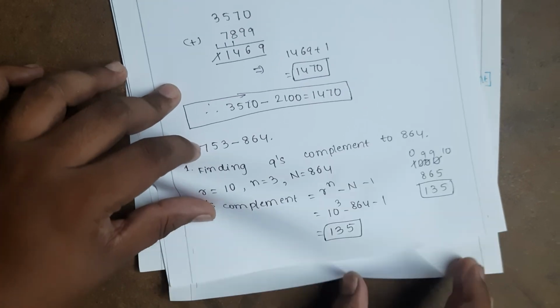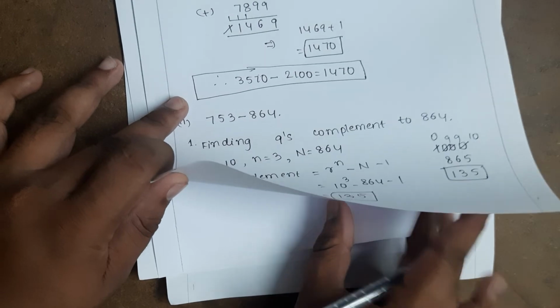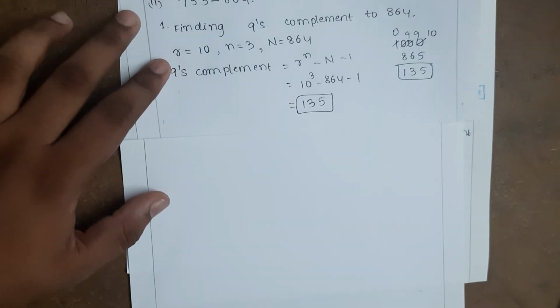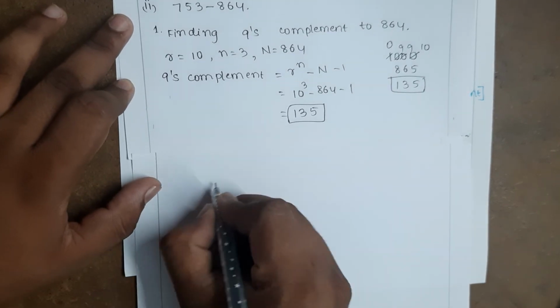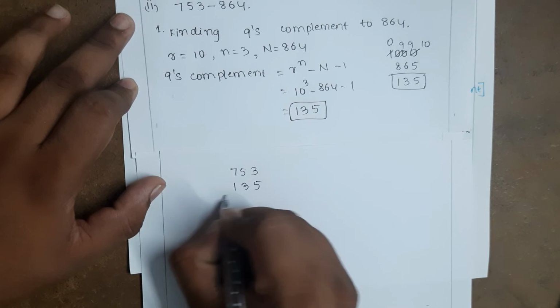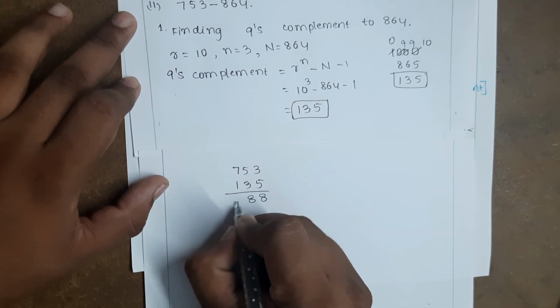Now we should add this 9's complement to the minuend. What is the minuend? 753 plus this 9's complement 135, 888.